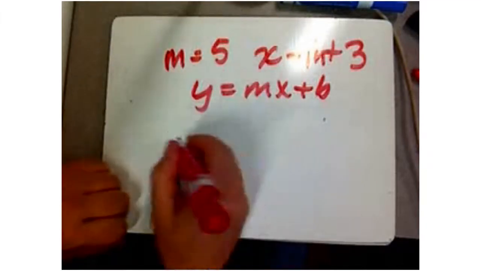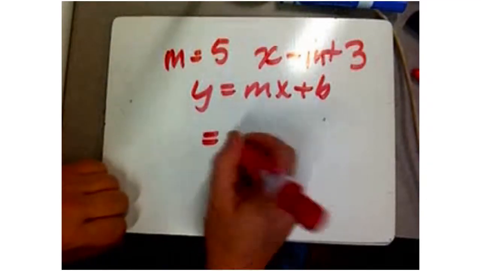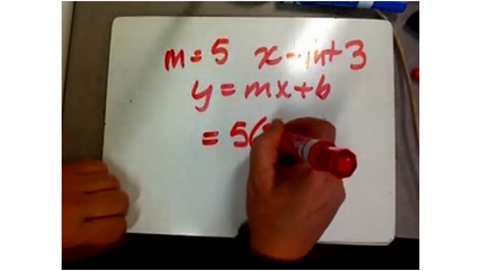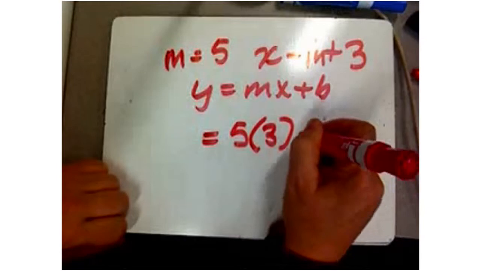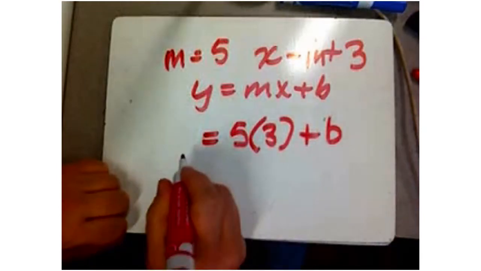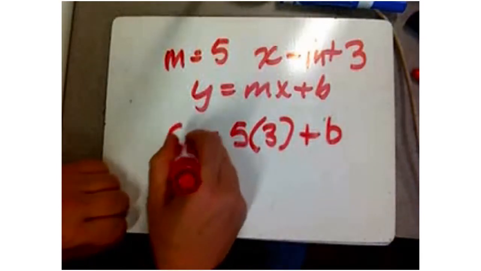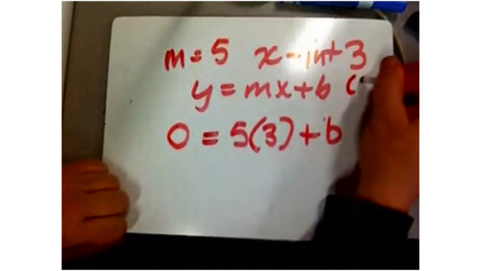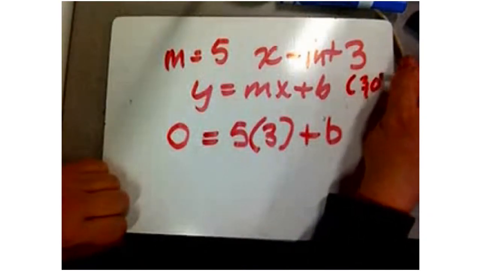So the m is 5, so you substitute in 5 for the m, and your x is 3, so you substitute that in. You don't know the b, so it's plus b, and your y is going to be 0 because x-intercept means that the coordinate is 3, 0.